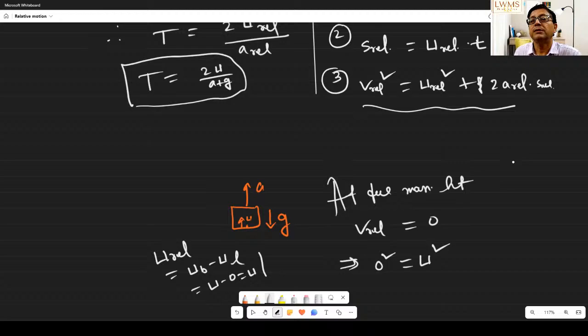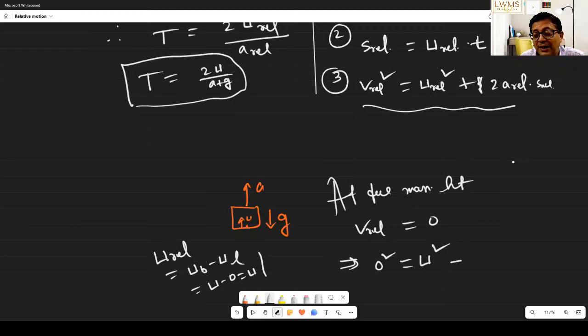plus what? A relative, what will I write? You are considering ball's motion. So we will take acceleration positive or negative. The height will be upward and relative acceleration is downward, isn't it?